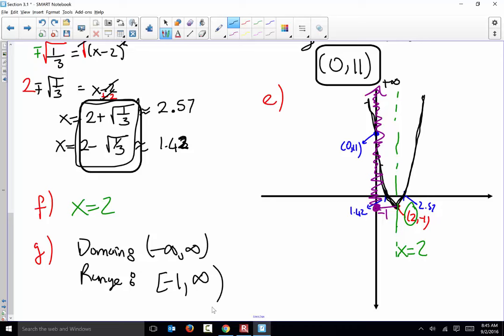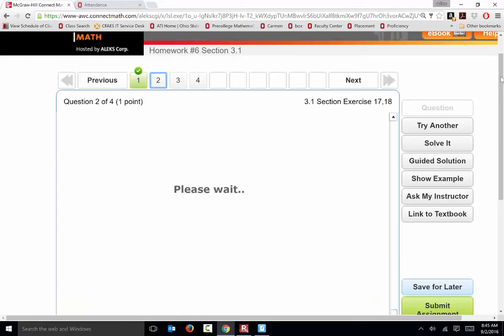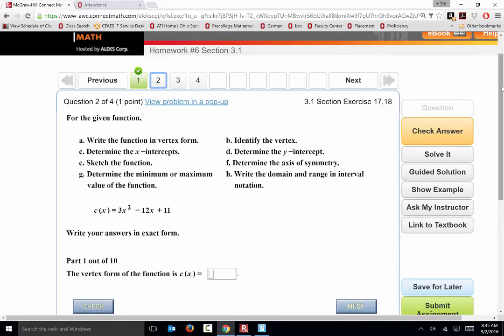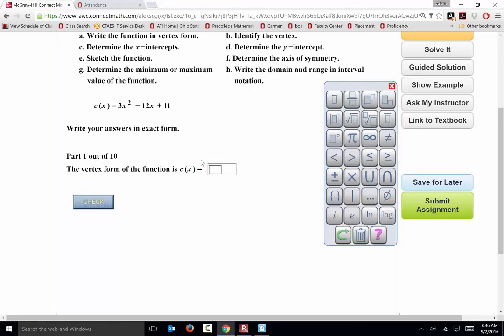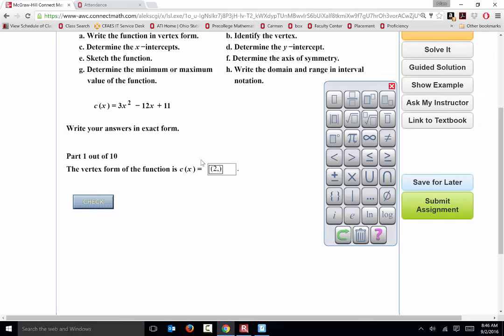Once you get the vertex form, it's smooth sailing afterwards, right? All 8 parts are like that. It goes very fast. Now we need to enter all this into the question. Vertex was -2 comma, what was it? -1.